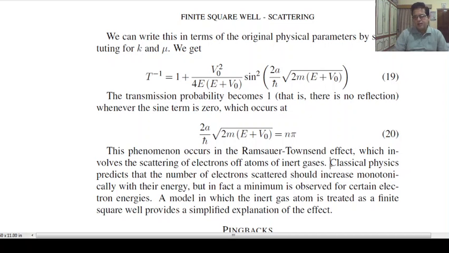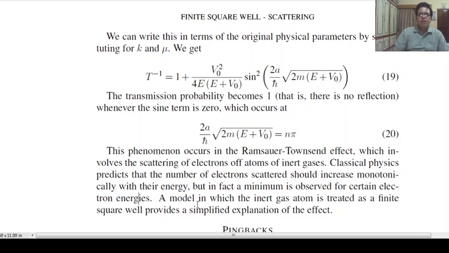This is a very important concept. But in fact, a minimum is observed for certain electron energies. A model in which the inert gas atom is treated as a finite square well provides a simplified explanation of the effect, that we do here.